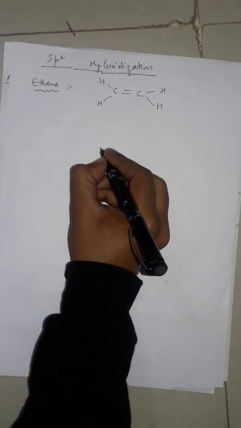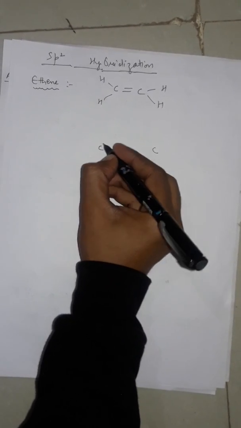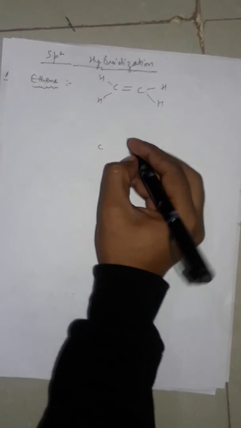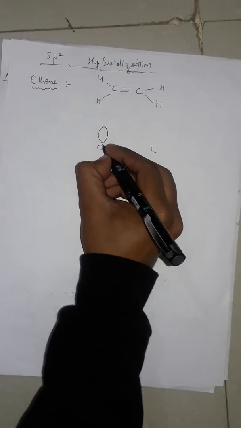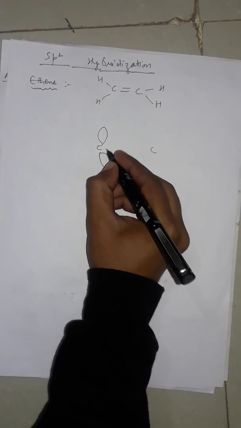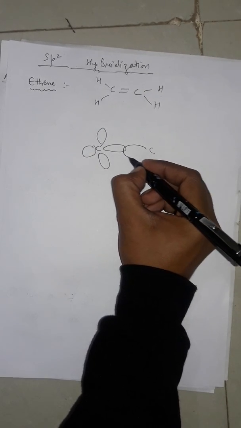With the previous knowledge we know that this carbon and this carbon will look like this, and this, here also this.